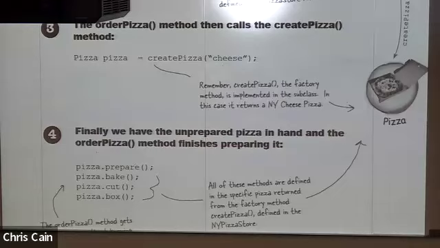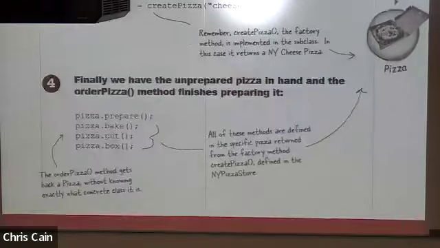So the pizza is created in the New York fashion, then it returns it to the order pizza method. The waiter can then prepare, bake, cut, and box the pizza to hand it back to you. Note that the preparing, baking, cutting, and boxing is the same no matter what the class.